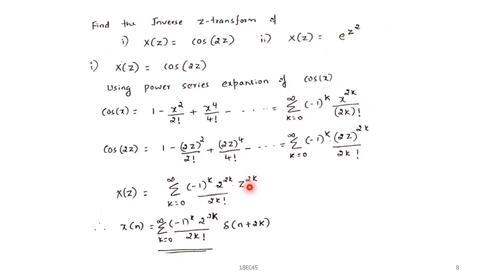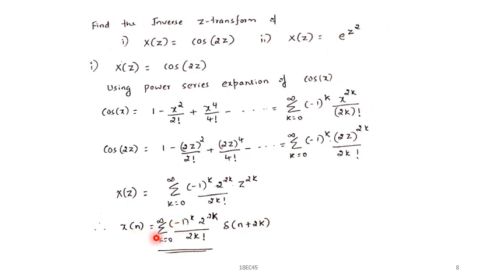I know that the inverse Z transform of z is delta of n plus 1, right? And here z to the power 2k is there, the power is 2k. So using the time shifting property, I can write its inverse Z transform as delta of n plus 2k. Suppose if it was a negative power here, then I should write it as n minus 2k.